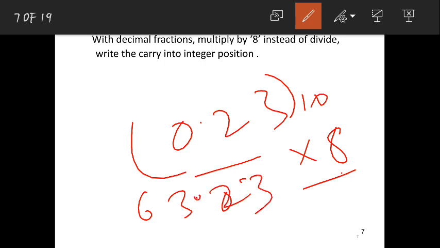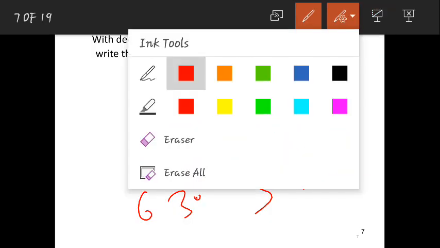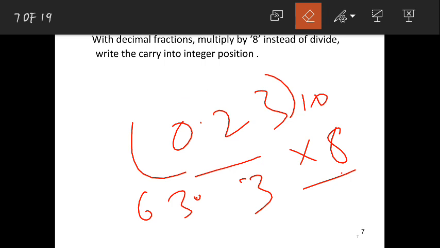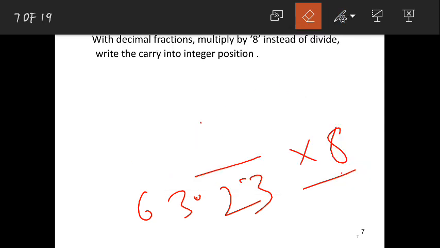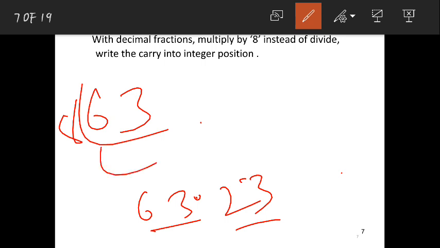And in case it is 63.23, this term is the integer part, and this is the fraction. So for 63, the same procedure you need to follow: you keep dividing it by 8.